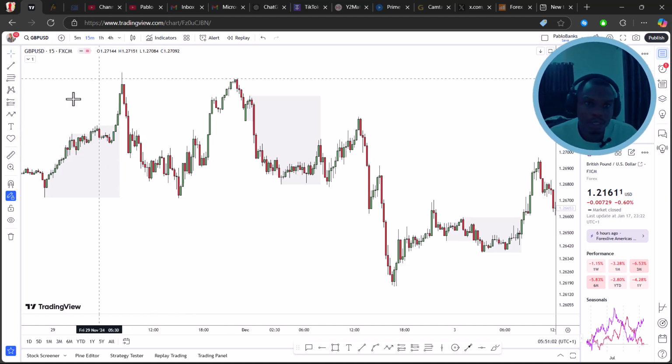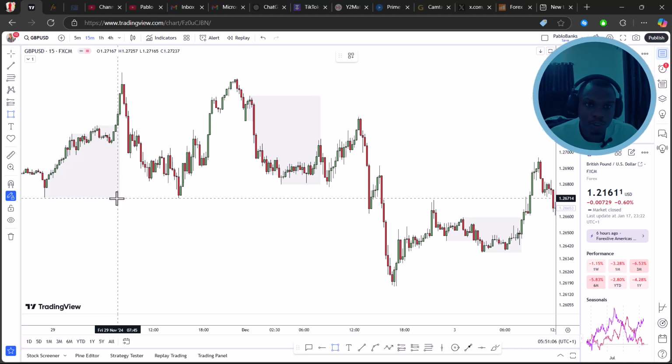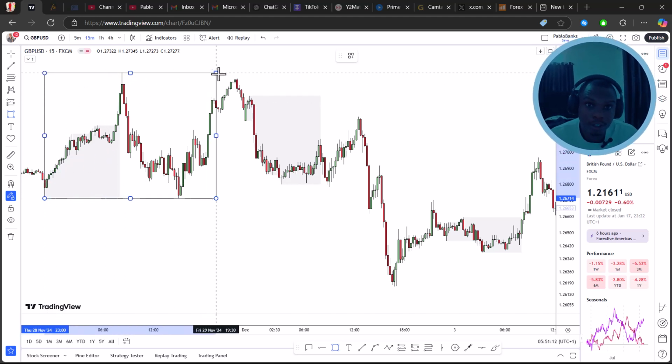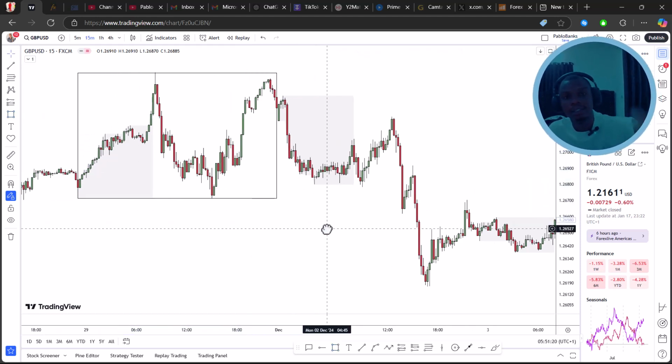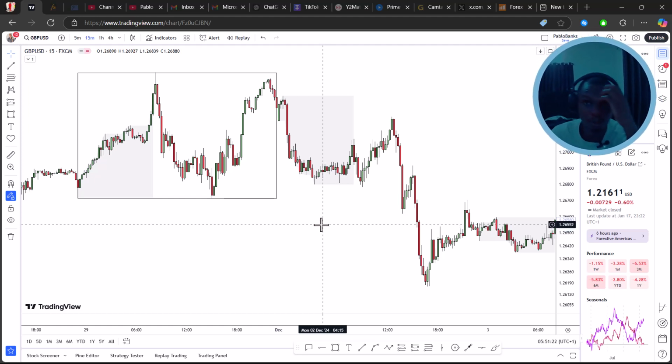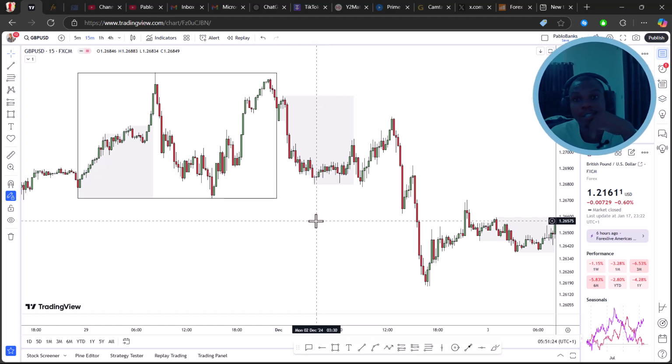When I was placing this strategy, I told myself, see, the only thing you have is from London and New York close of the previous day to New York close of the next day. Once I draw this box, I'll be like, this here is the only information that I should be working with in a single day.